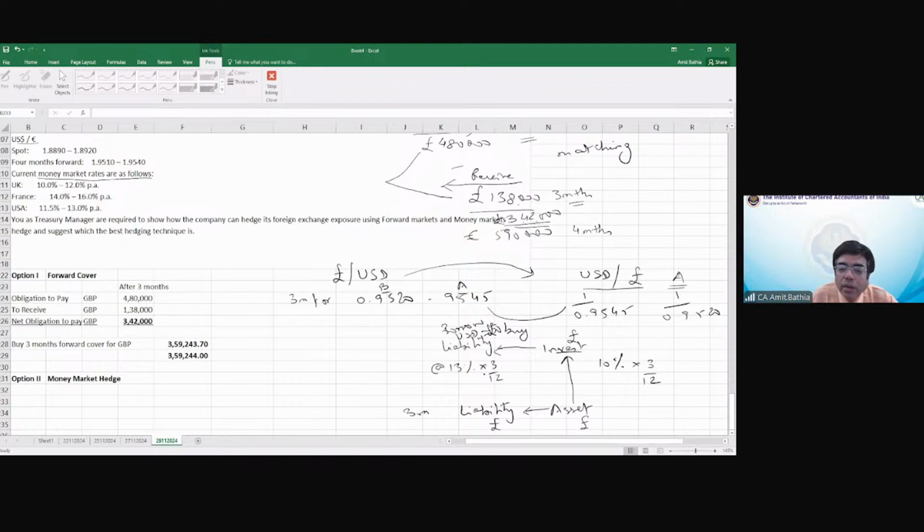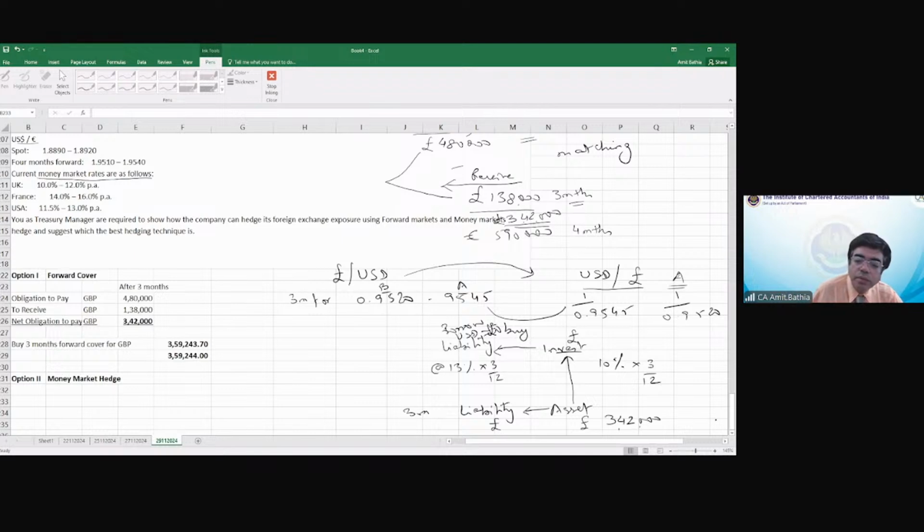I need to identify what is the amount I need to borrow. So for that, I need to know what will be the rates at which it is going to get covered. How much amount, first of all, will I require? So here, I am going to require 342,000 pounds.